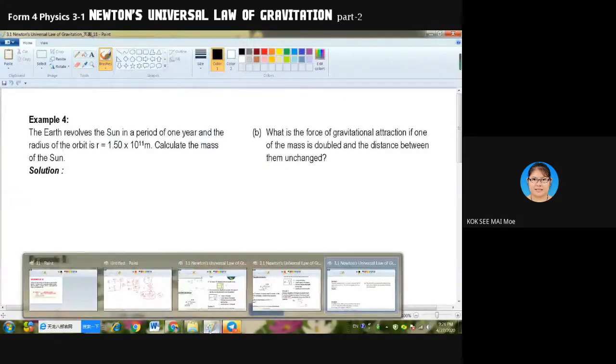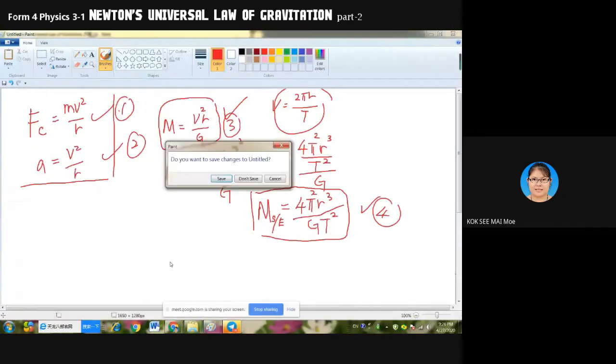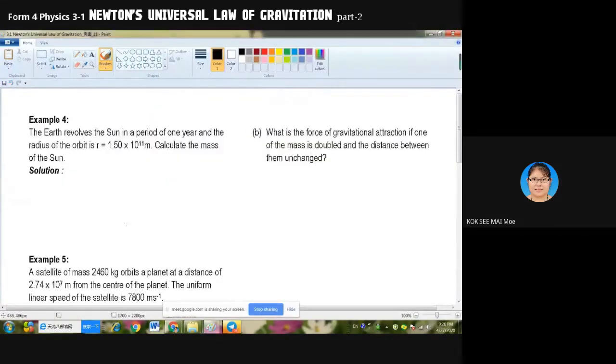Okay, let's see example 4. The Earth revolves around the Sun with a period of 1 year. 1 year is a time.